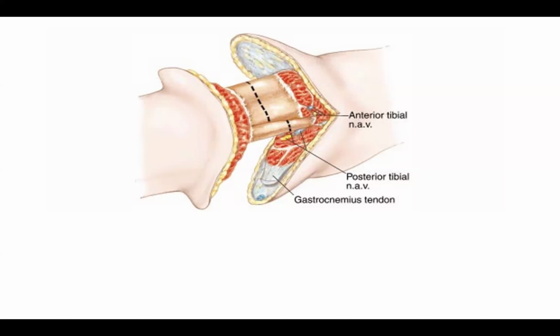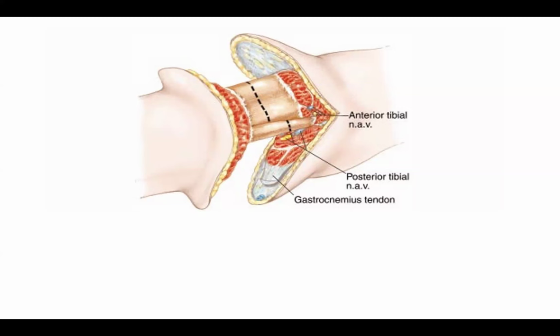Okay, how does the popliteal artery divide? Natural anatomy. The popliteal artery divides into the anterior tibial artery and the tibio-peroneal trunk.